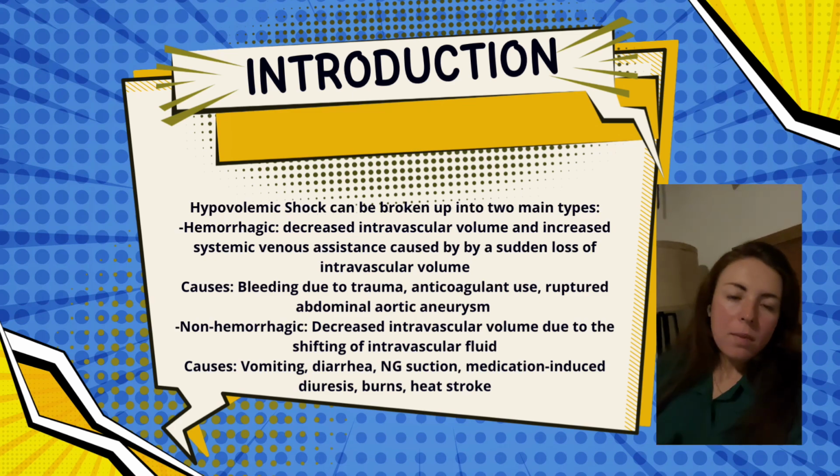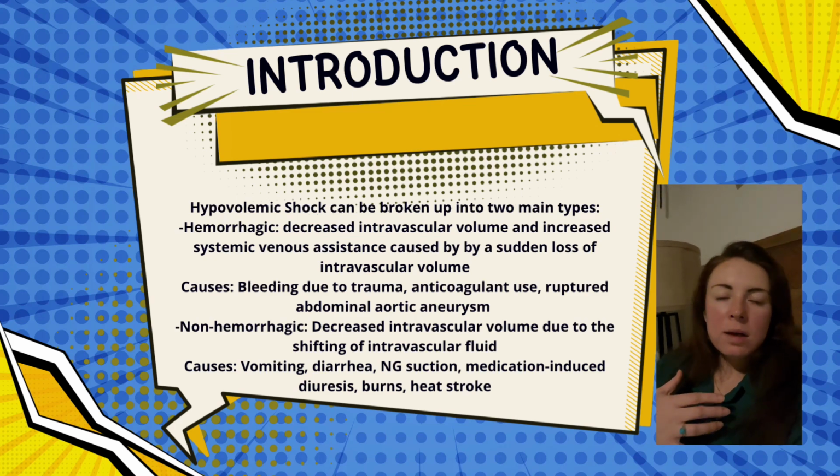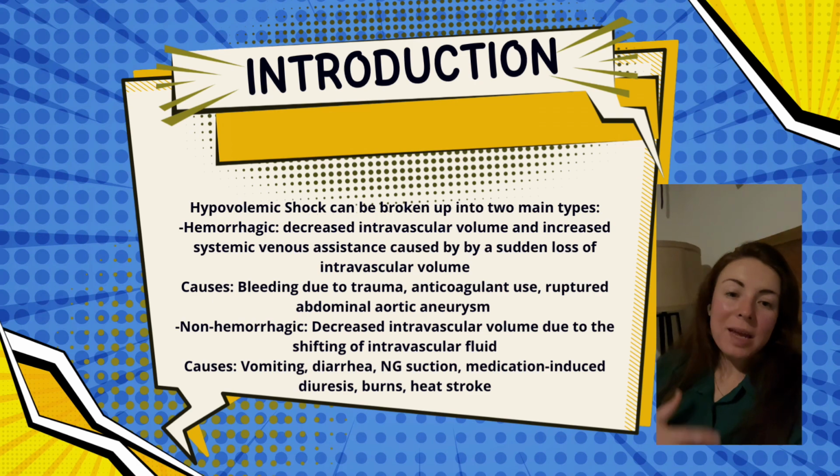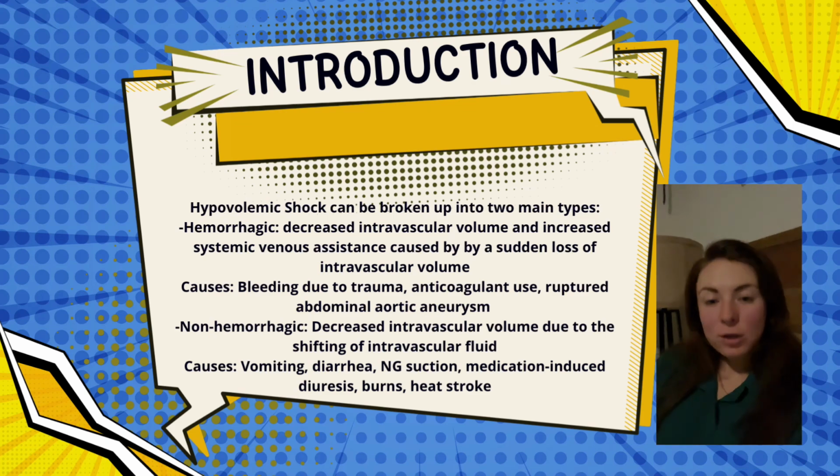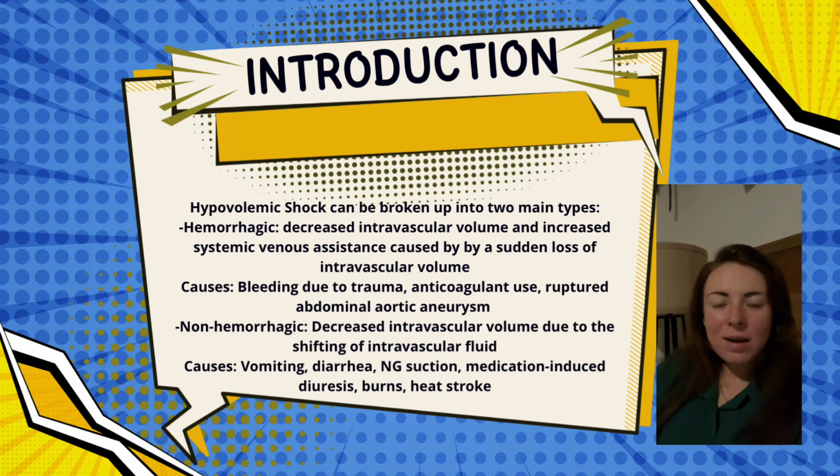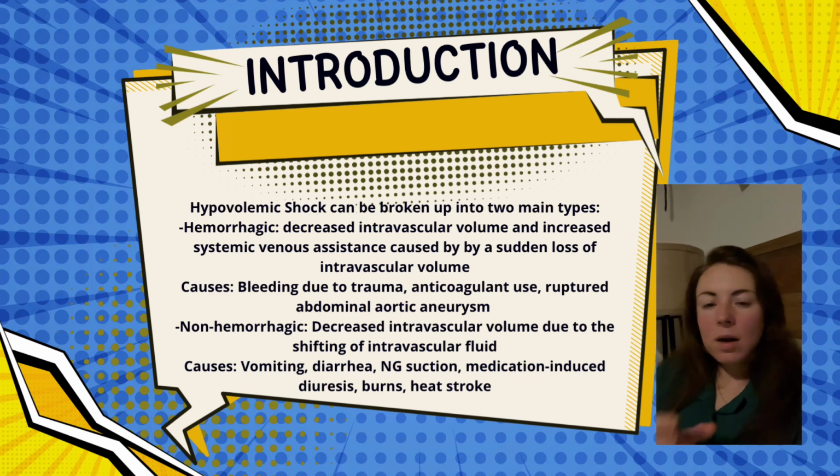Maybe an expectant mother goes into labor and has some type of increased blood loss that is detrimental to her well-being, and she starts hemorrhaging. Think hemorrhagic shock. Non-hemorrhagic shock can be all the other underlying factors that play into hypovolemic shock.